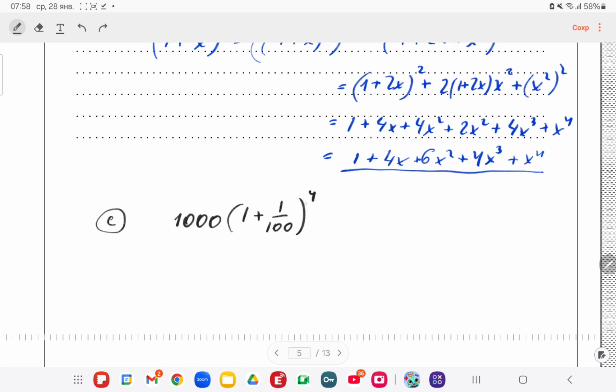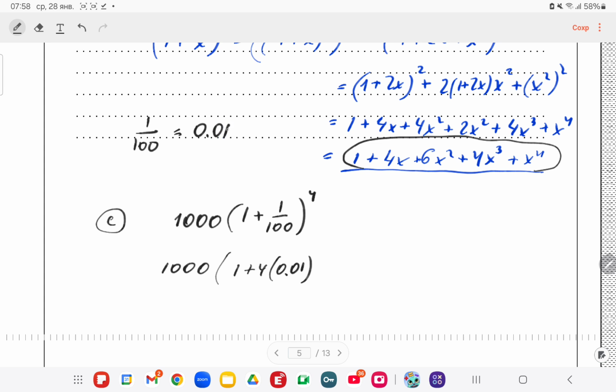Now, 1,000 multiplied by these brackets, so this part is going to be inside our brackets here. But instead of x we will put 0.01, which is equal to this one. That's why we will just plug in this decimal.